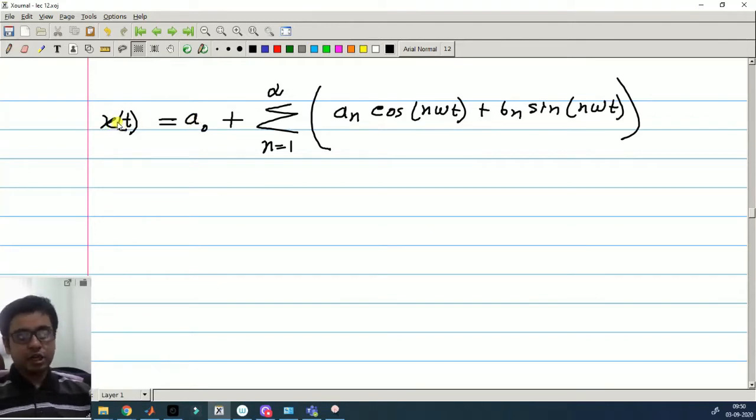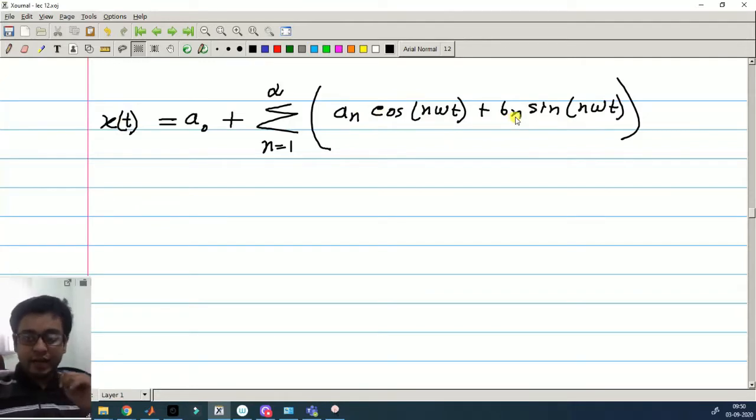a0 in particular is the DC value or the average value of x(t), and thus with this equation any periodic signal can be created by mixing sine and cosine signals with appropriate amounts.